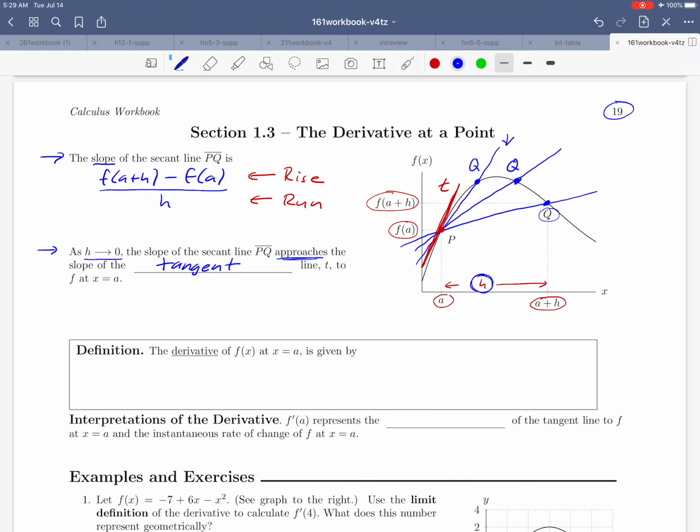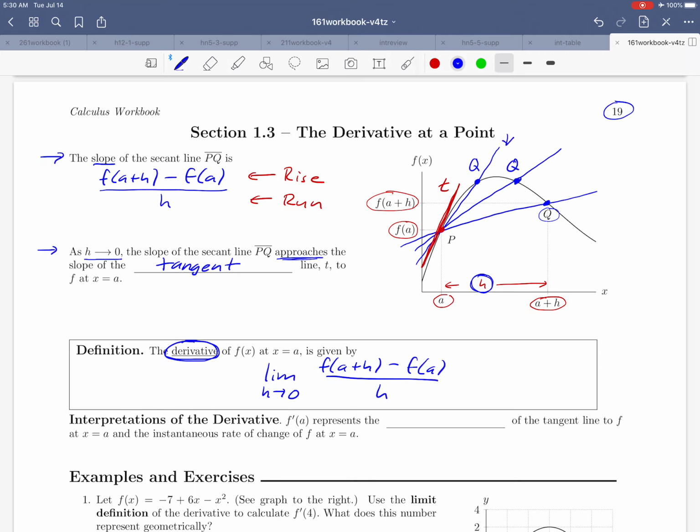Okay, and because this limit comes up so often in calculus, we give it a special name. Looking down at this definition, it's called the derivative. The derivative of f of x at x equals a is by definition the limit as h goes to 0 of the secant line slope. Okay, one last thing to go with this definition.